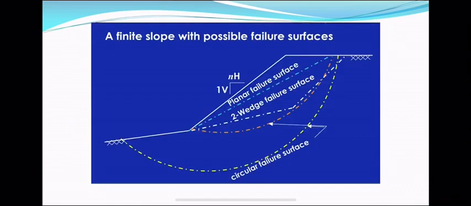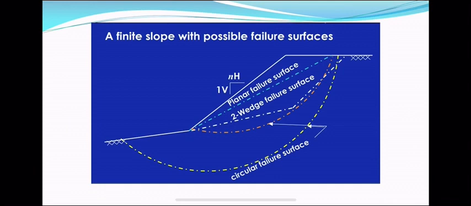In the typical cross section of a finite slope shown in the figure, the slope is one vertical to n horizontal, where small n is a number. If n is equal to 2, it indicates that the slope has one vertical to two horizontal inclination, that is about 26 degrees approximately with the horizontal, and if n is equal to 1, that indicates that the slope has a 45 degree inclination with the horizontal.